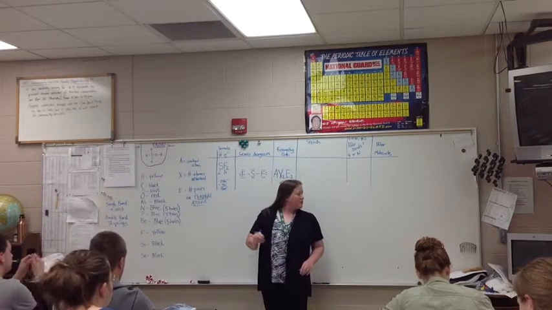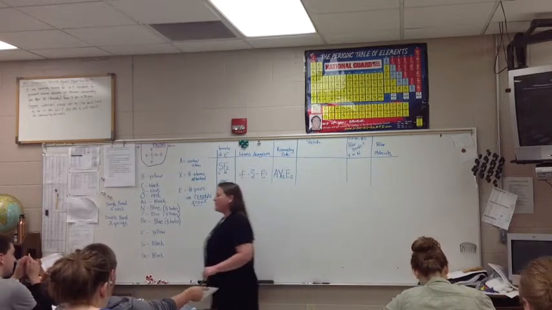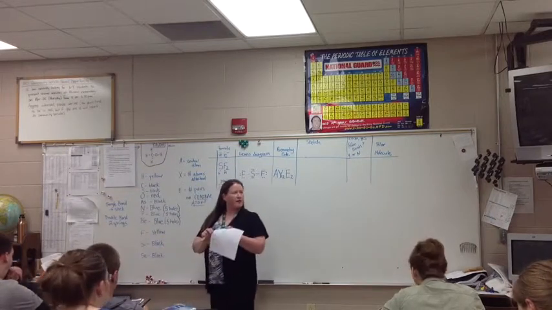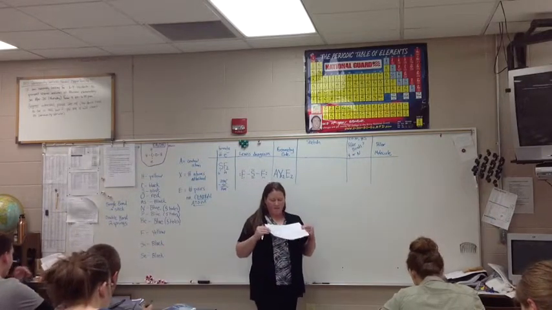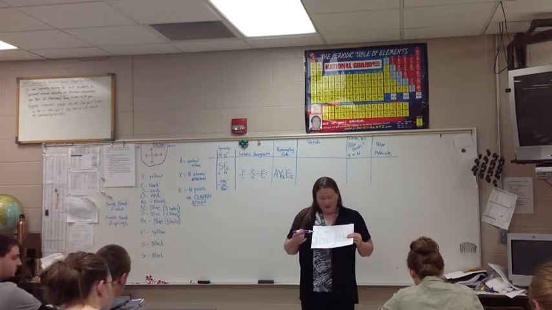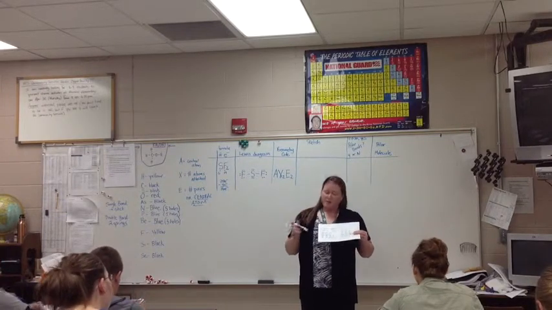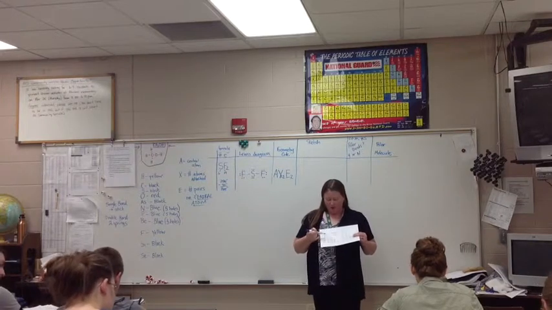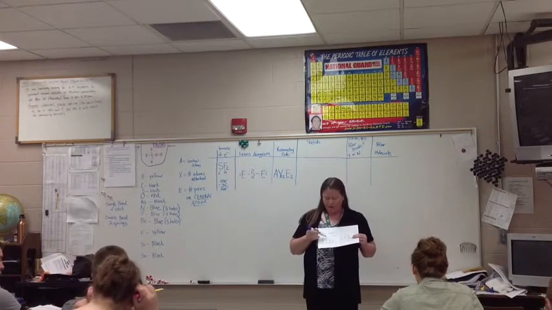Now, I've given you this as a resource. I'm not sure where my extra ones are. It's kind of a neat visual because it shows you atoms being attached, and this particular resource also shows you lone pairs.